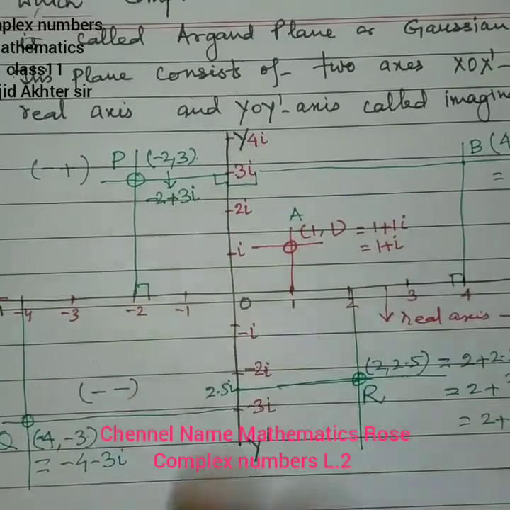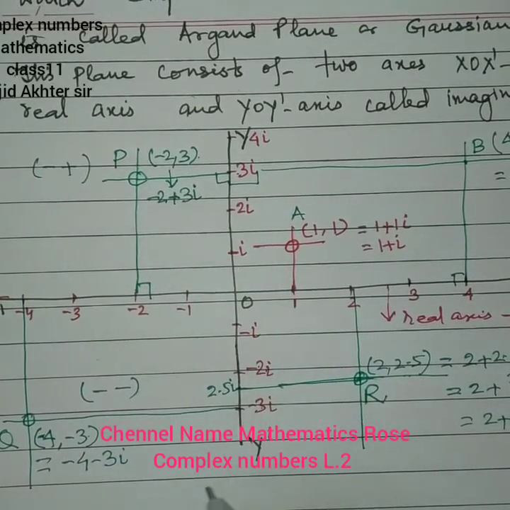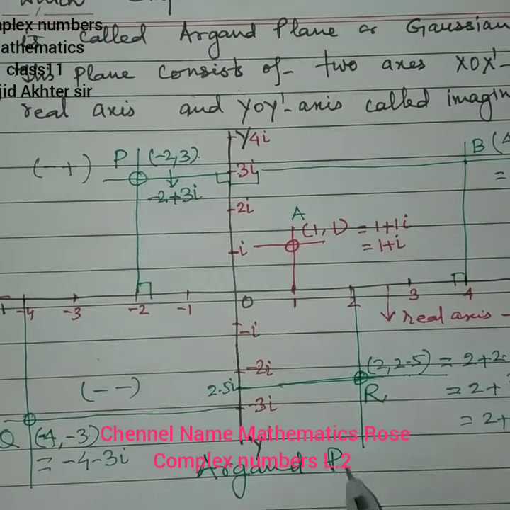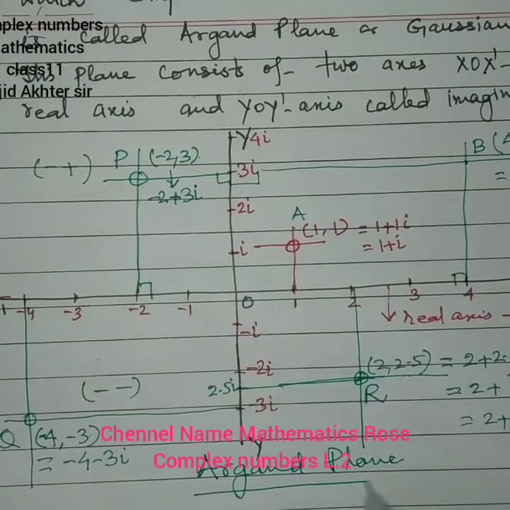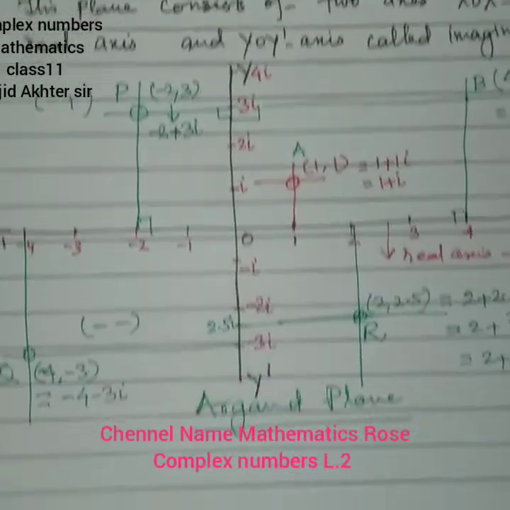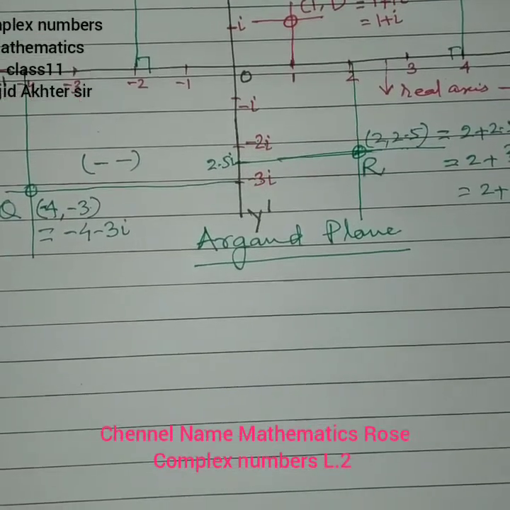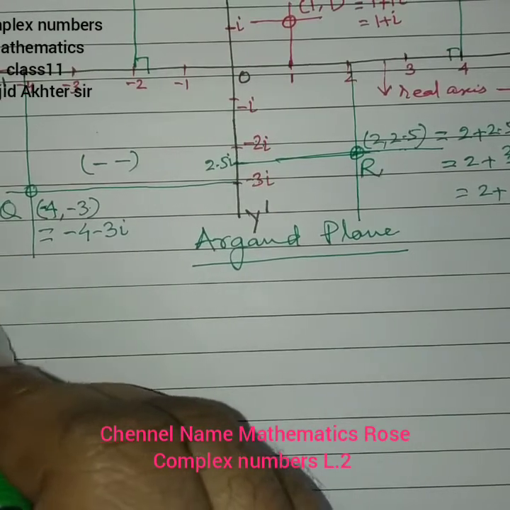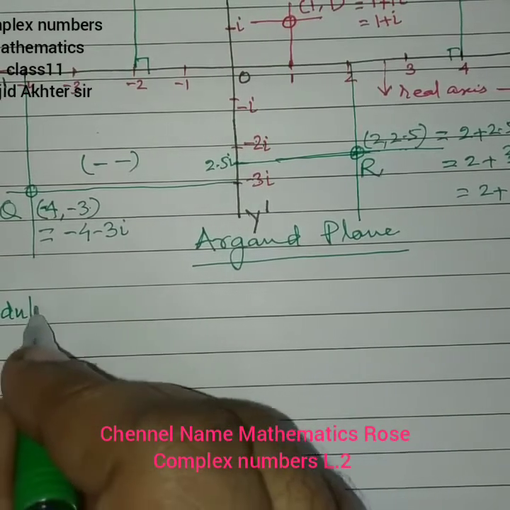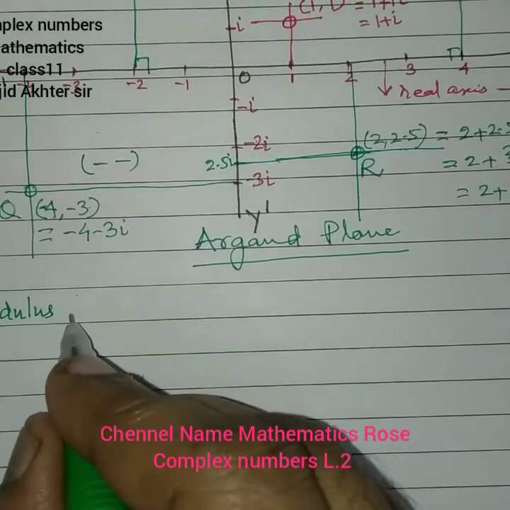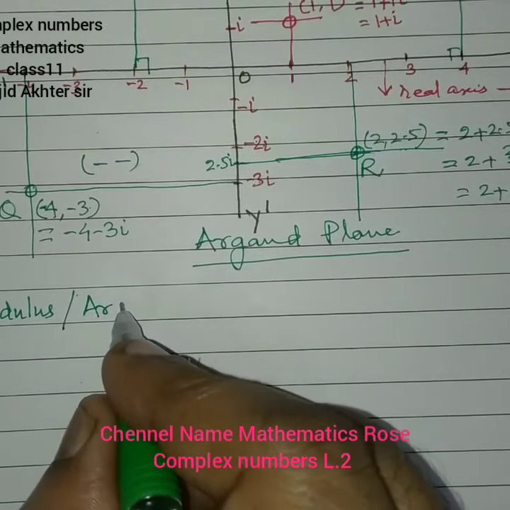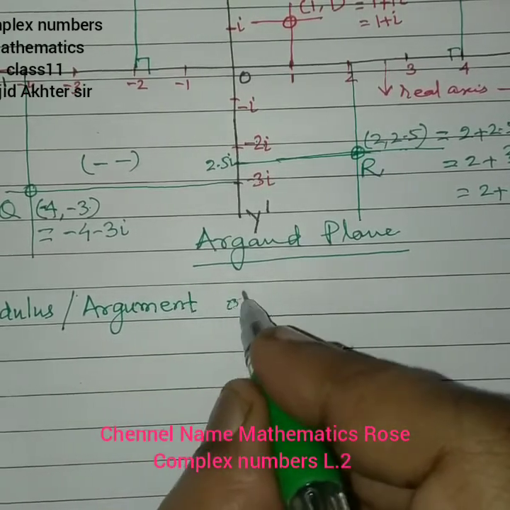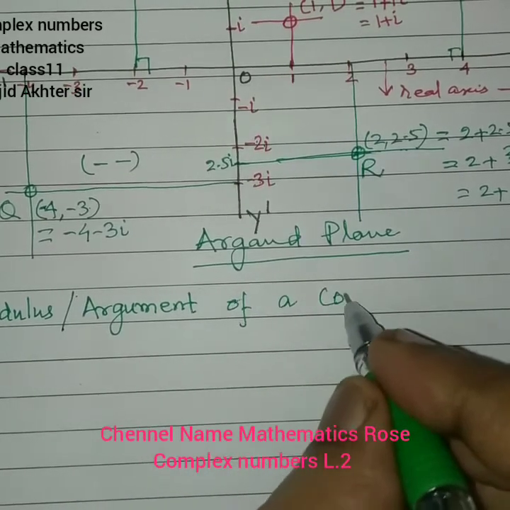तो यहाँ पे इस तरह से हम लोग रिप्रेजेंटेशन ऑफ कॉम्प्लेक्स नंबर कहते हैं और इसको हम लोग क्या कहेंगे? अर्गेंड प्लेन कहेंगे. दिस इज द अर्गेंड प्लेन और इट इज आल्सो नोन एज गॉसियन प्लेन. नाउ हम लोग डिस्कस करते हैं अबाउट मॉडुलस एंड आर्गुमेंट ऑफ अ कॉम्प्लेक्स नंबर.